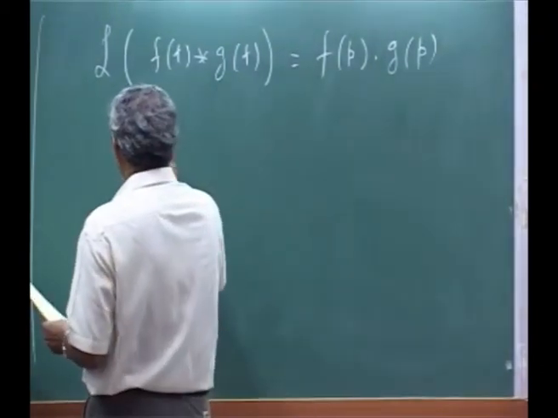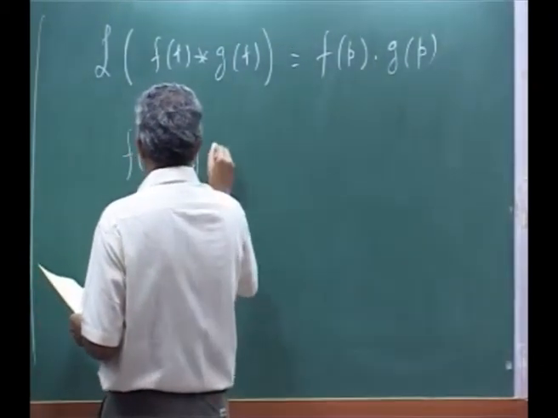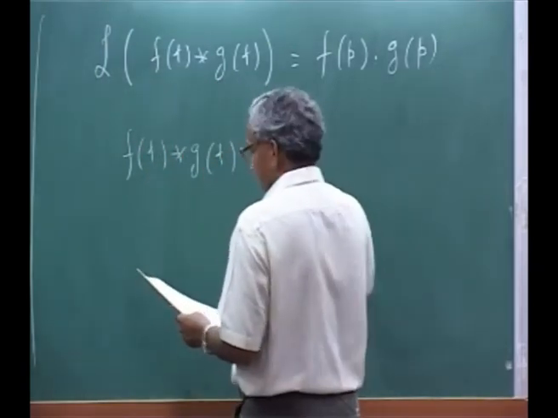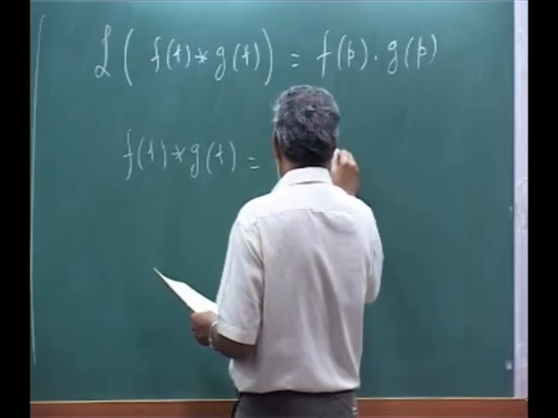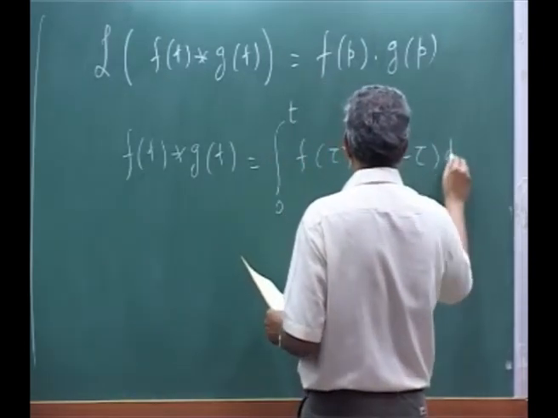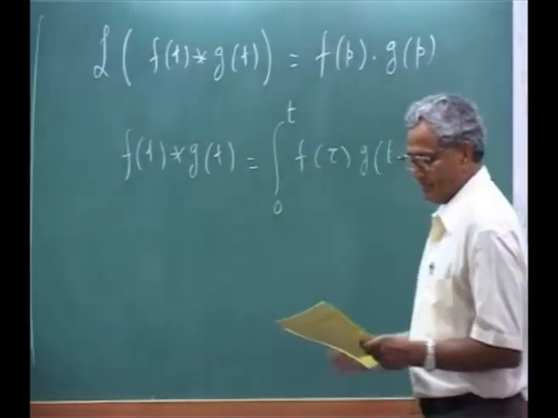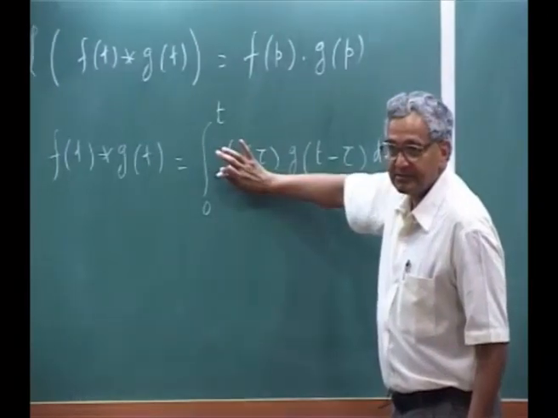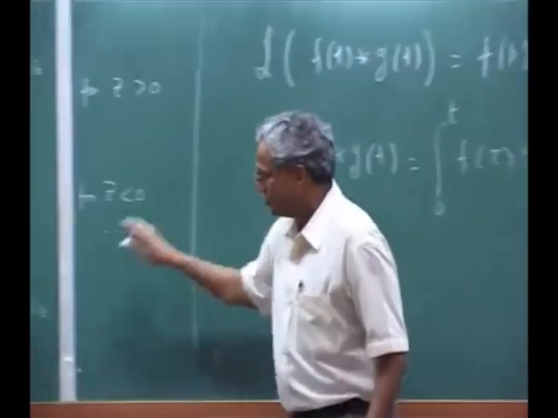Convolution we will write like this: g of t, which is the integral from 0 to t of f of tau g of t minus tau d tau. Okay. Now we simply apply this solution technique.